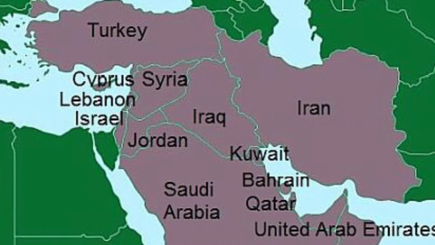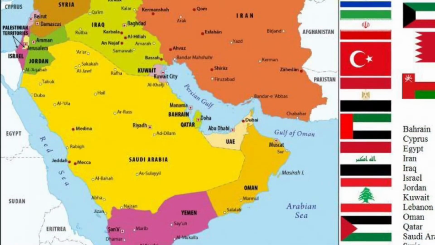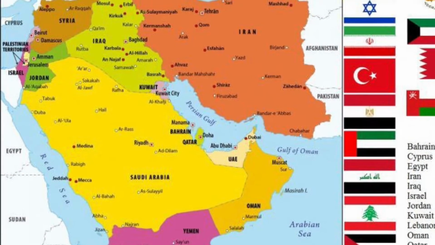So how many countries are in the Middle East? Officially, there are 17 countries making up the region.